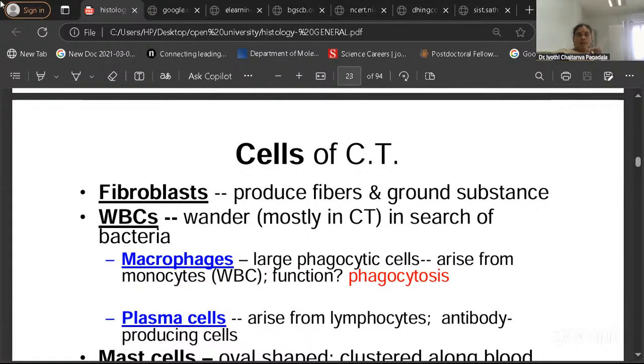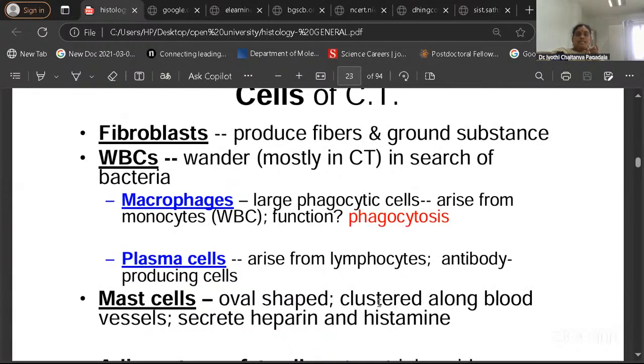Fibroblasts produce fibers and ground substance. WBCs, white blood cells, wander mostly in connective tissue in search of bacteria. The white blood cells are in turn classified into macrophages and plasma cells.